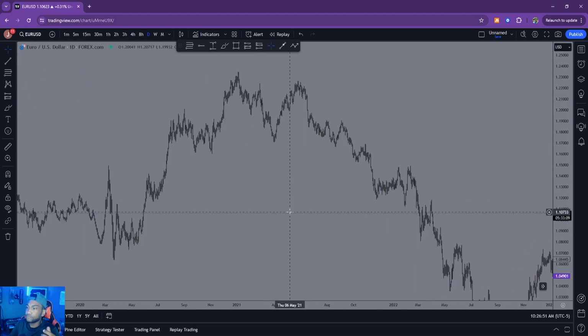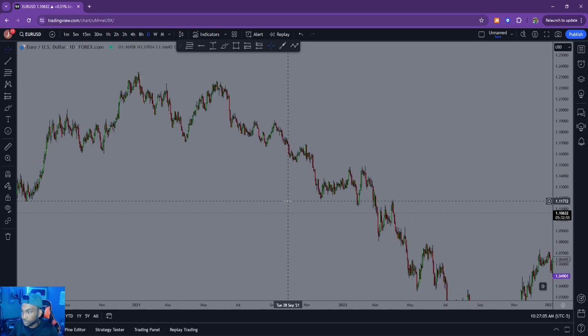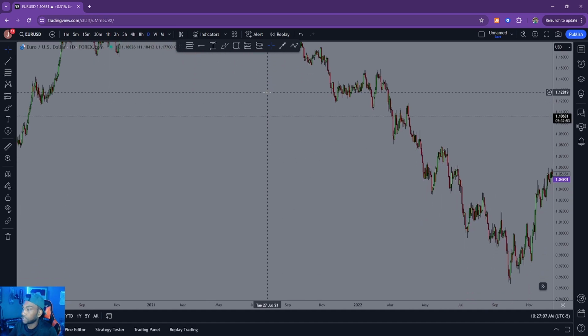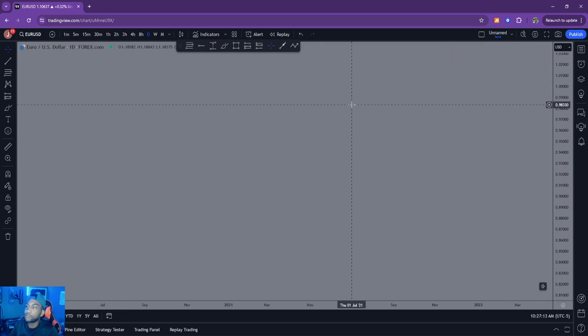Starting off with the fact that every market has either bullish or bearish sentiment. It's either going to be in a bullish trend or a bearish trend, an uptrend or a downtrend. Before we even get to the candlesticks, like in the first video, I want you to understand the characteristics of an uptrend and of a downtrend.